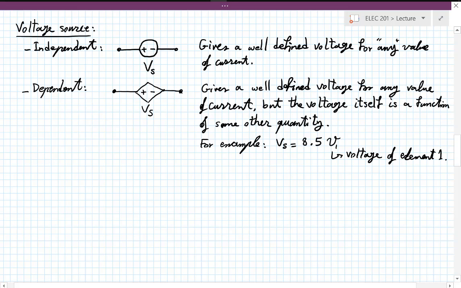And here's one way of implementing it as an example. In the lab, let's say you ask your teammate to measure a current somewhere in the circuit using an ammeter, and then you take the value of that current, multiply it by 3, and dial in 3 times that current into your power supply. So you have now created a human-mediated current-dependent voltage source.